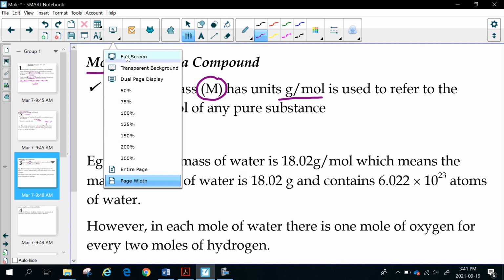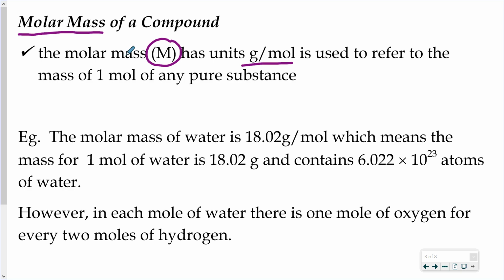So for calculating the molar mass, then, we'll take a look at a few examples here. The molar mass of water works out to 18.02 grams per mole. If you do have 18.02 grams, that is 1 mole, and that means that you have Avogadro's number of molecules of the water.